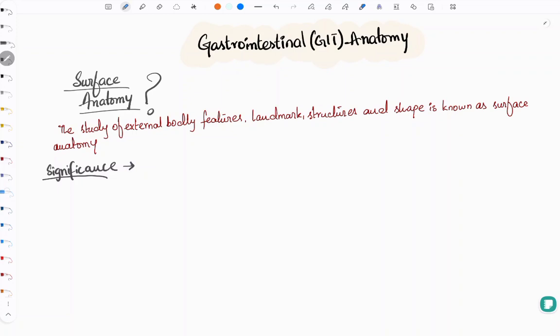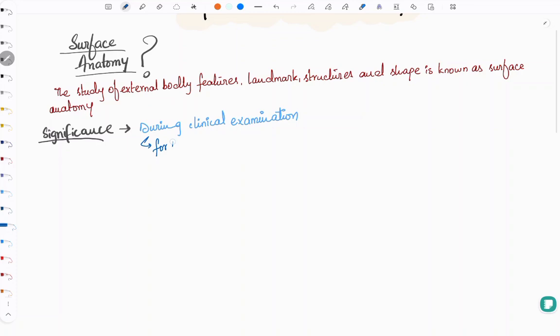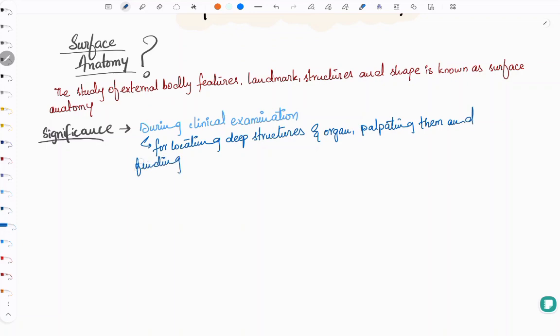Talking about its significance, it is significant during clinical examinations, for locating deep structures and organs, palpating them, and finding out any abnormality without dissecting the subject.